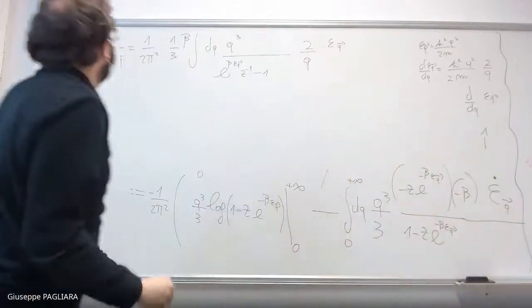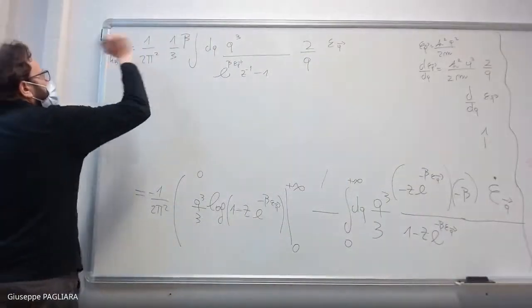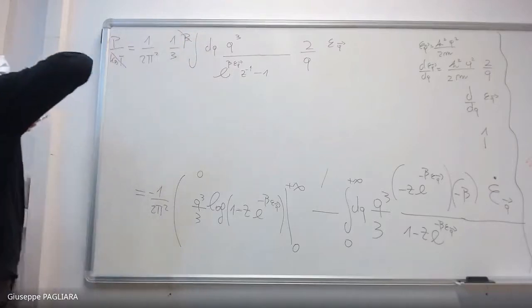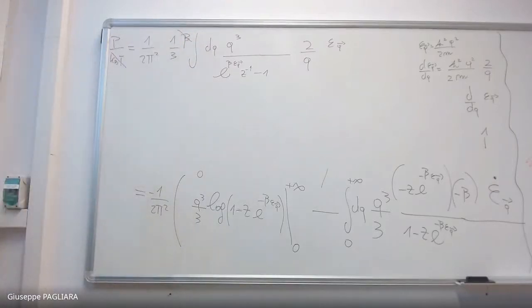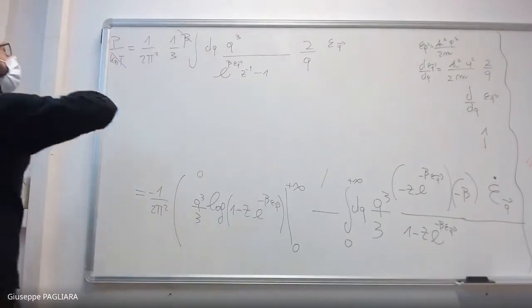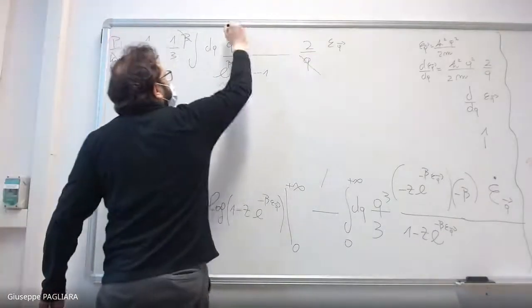And so you see that here I can remove a k_B T and this beta, and the 2 drops in here.